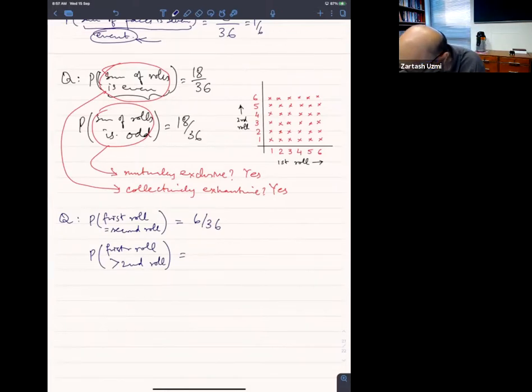So think about it. If first row is larger than the second row, अगर सेकंड रोल पे 1 आता है तो ये सारे पॉइंट्स इसमें, सेकंड रोल पे अगर 2 आता है तो फिर ये सारे पॉइंट्स इसमें है। तो ये बेसिकली ये जो लोअर ट्रायंगल बन गई है, ये सारे के सारे आपके इवेंट है। I'm going to clean it up a little bit.